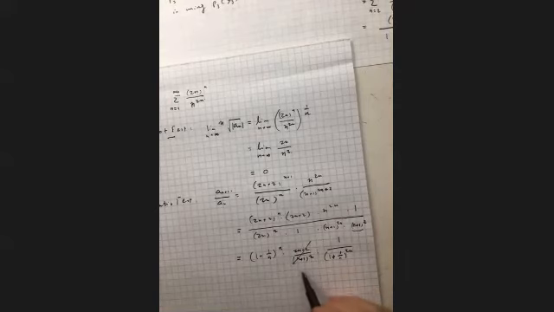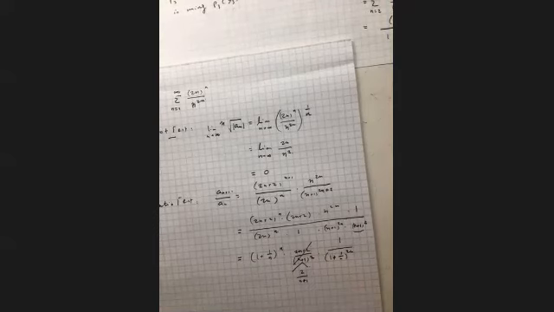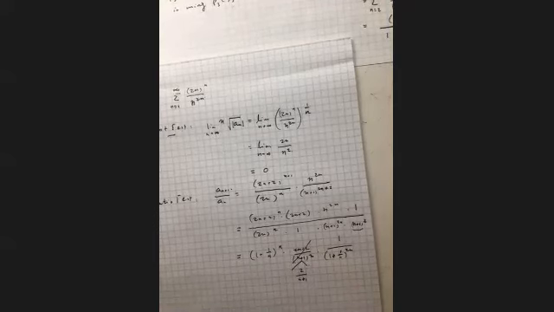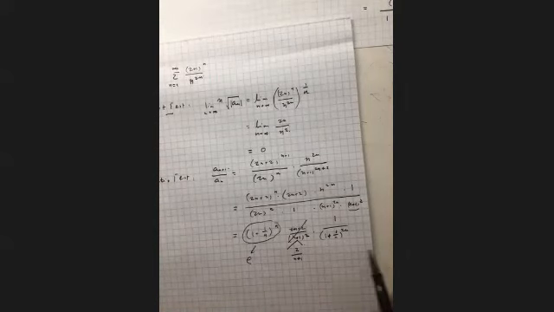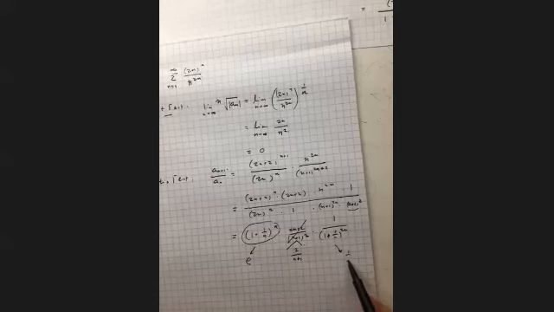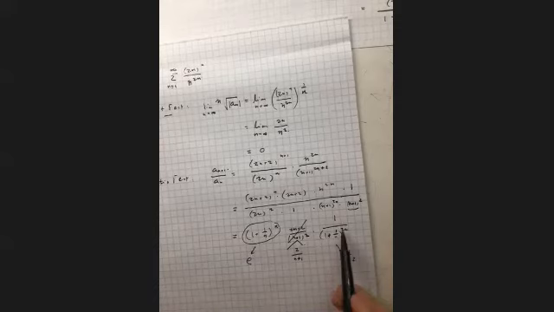But this actually equals 2 over n plus 1. Let me write it more explicitly. So in this case, you can see that the limit of the expression when n goes to infinity, this part goes to e, whereas this part goes to 1 over e squared, right? You can recognize the familiar expression involved here.